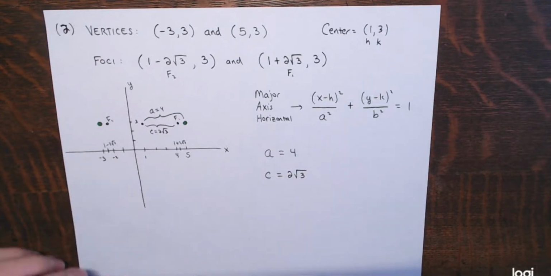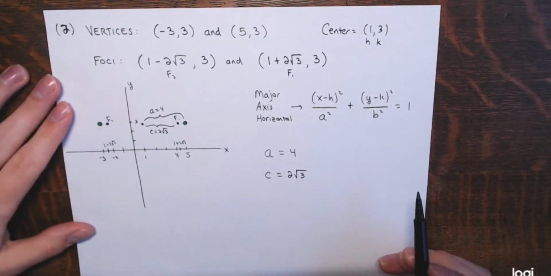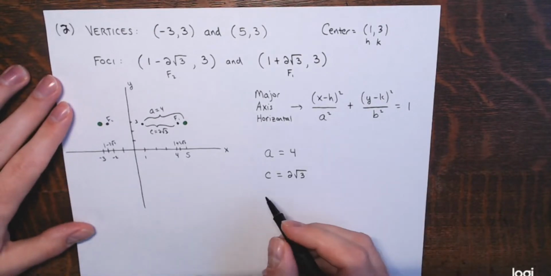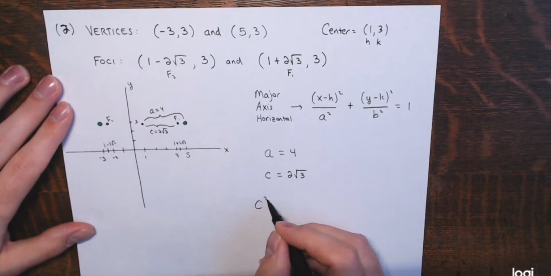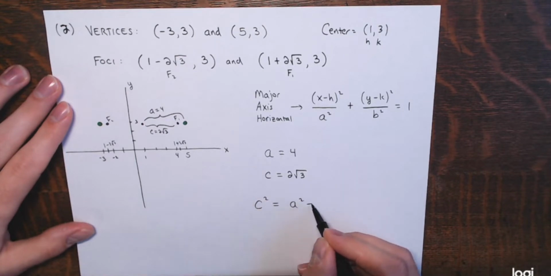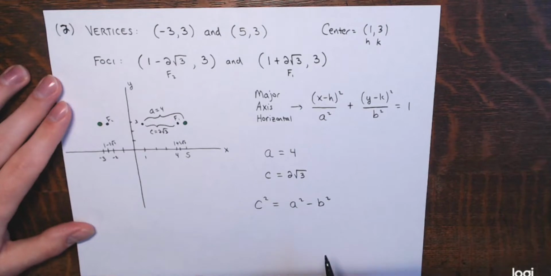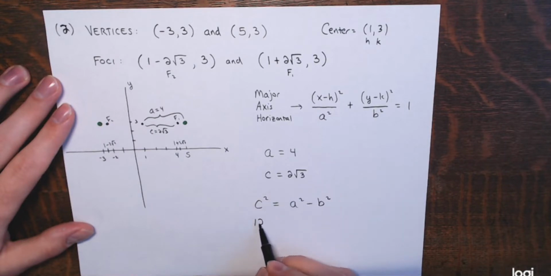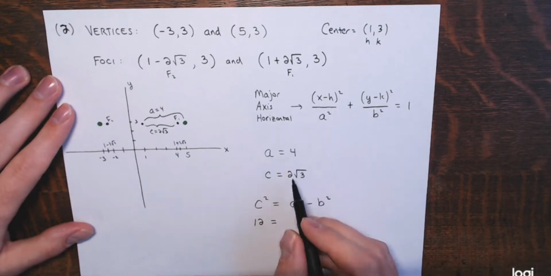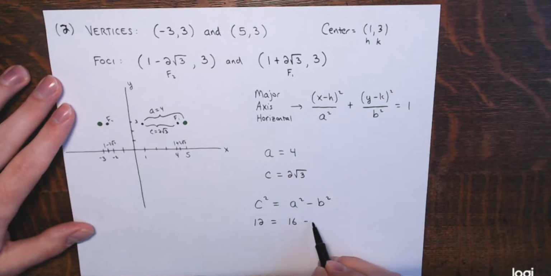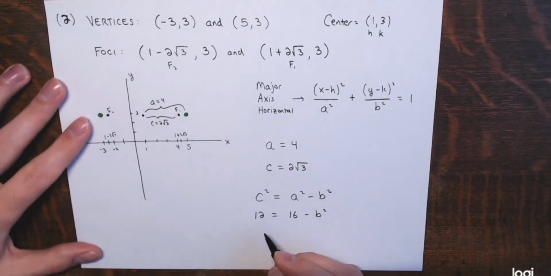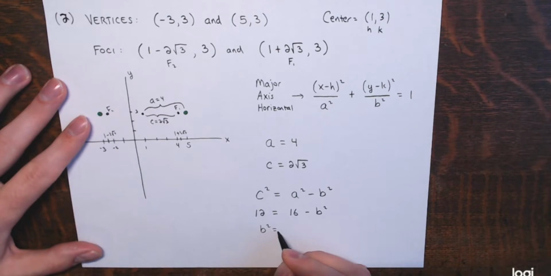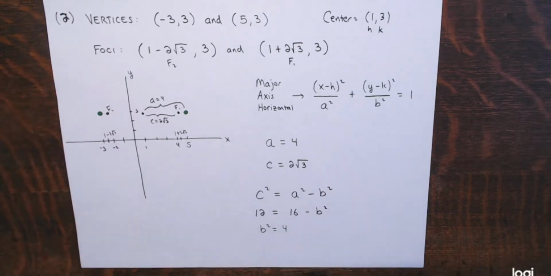So I know the value of a and c, and then once again to find the value of b, I'm using this relationship, c squared equals a squared minus b squared. This is the case for all ellipses. Now, c squared would be 4 times 3, again that's 12. a squared would be 16 minus b squared, and then we solve for b. So b squared would be 4, 16 minus 12, and then b must be 2.